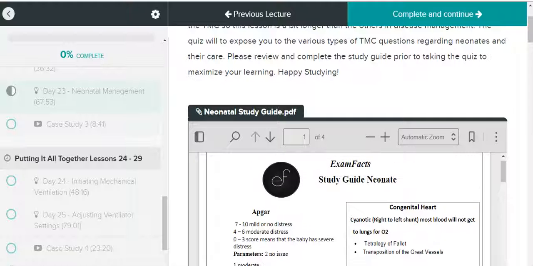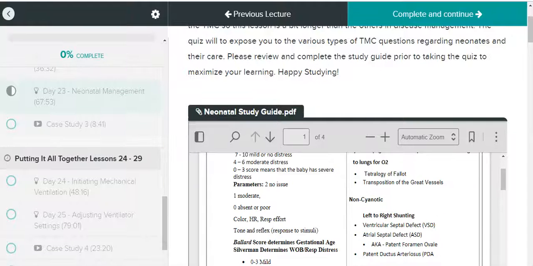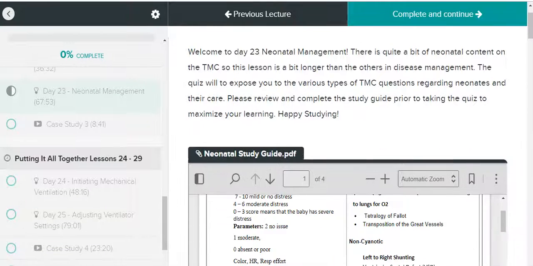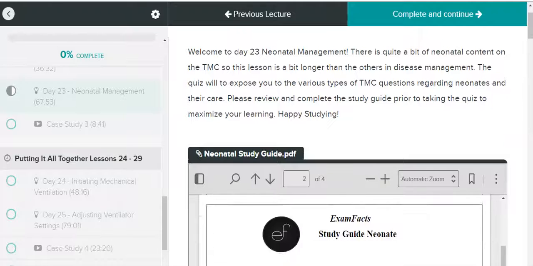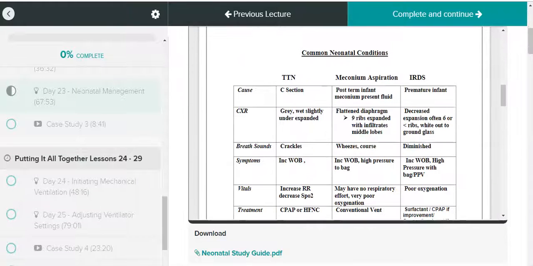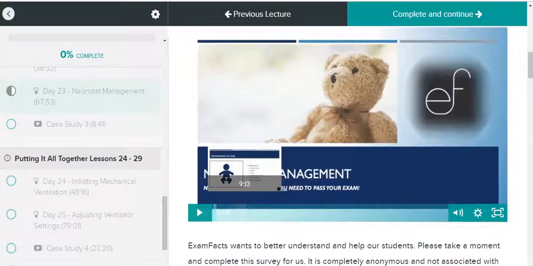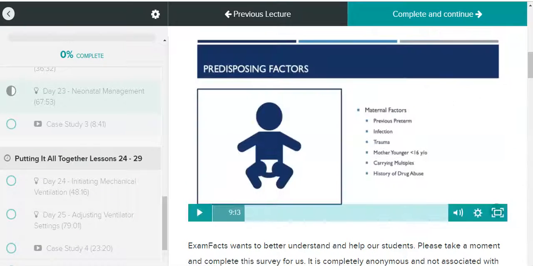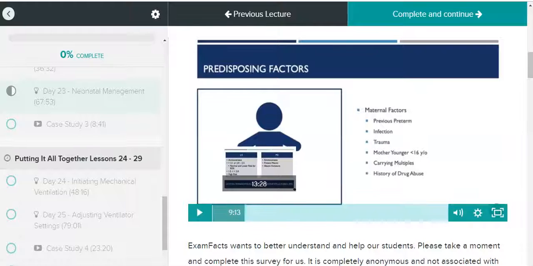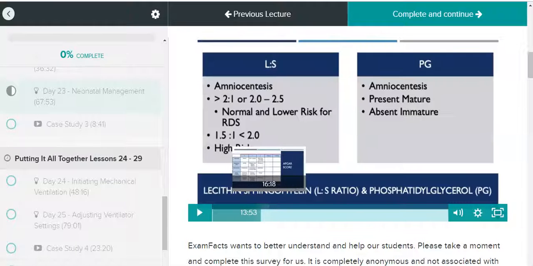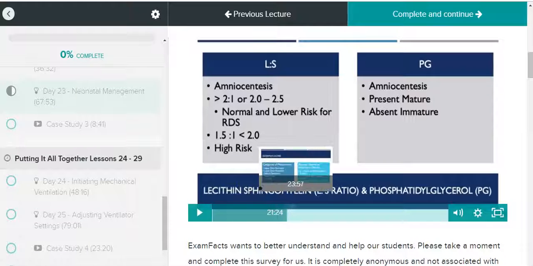So this is a 4-page study guide. It has a huge amount of information on it. And this is one of those study guides that we put a lot of information in addition to them taking notes. And then we have our lecture, which is very long, but it has to cover everything from our LS ratios to our maternal factors to our surfactants and determining gestational age.